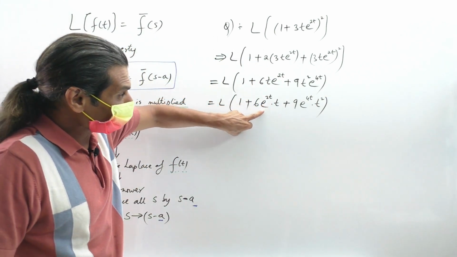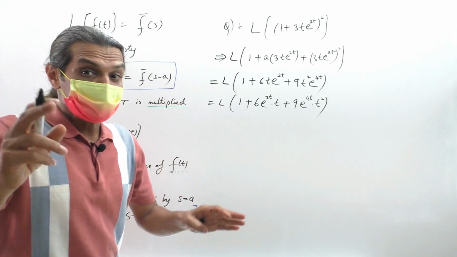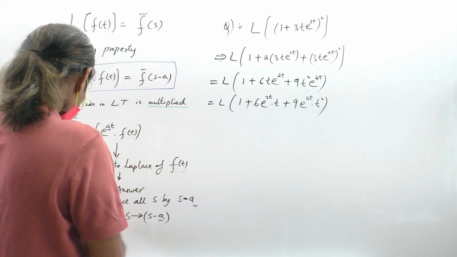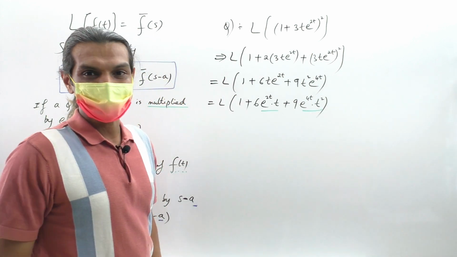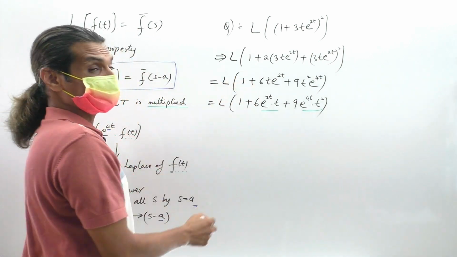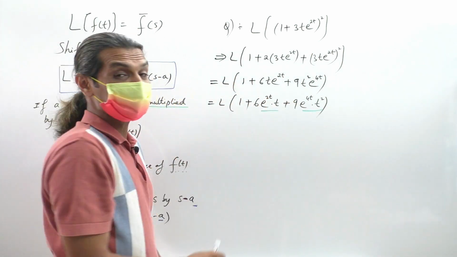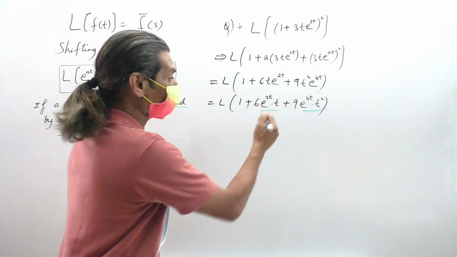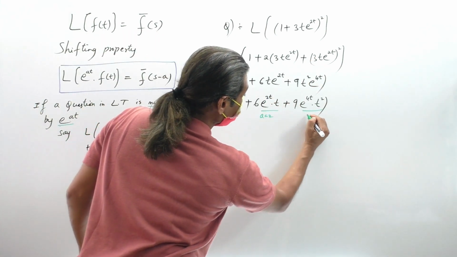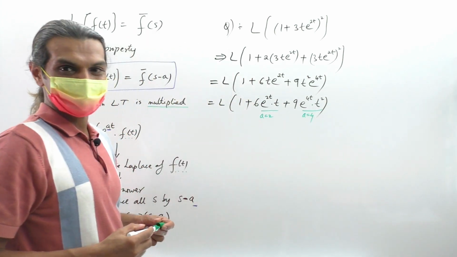So I took e raised to 2t first, here was e raised to 4t first. Now this represents what? The shifting property. What is that? Shifting property: e raised to at into f of t. F of t is t. E raised to at into f of t, f of t is t square. Here e raised to at, a is equal to 2. Here a is equal to what? 4.